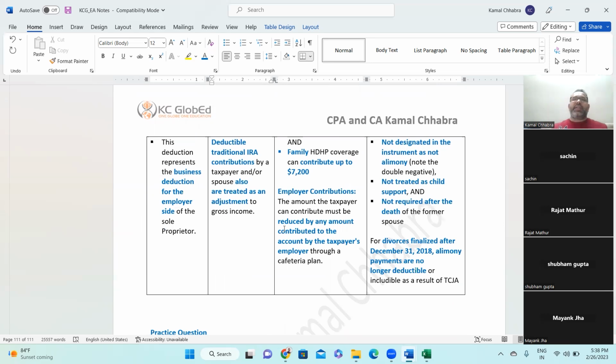So 3,600 for individual contribution and maximum 7,200 for the family contribution you can make to HSA, and you can claim up to that amount as a deduction. But if your employer is also contributing something to the HSA, then you need to reduce that amount from 3,600 or 7,200 as the case may be.